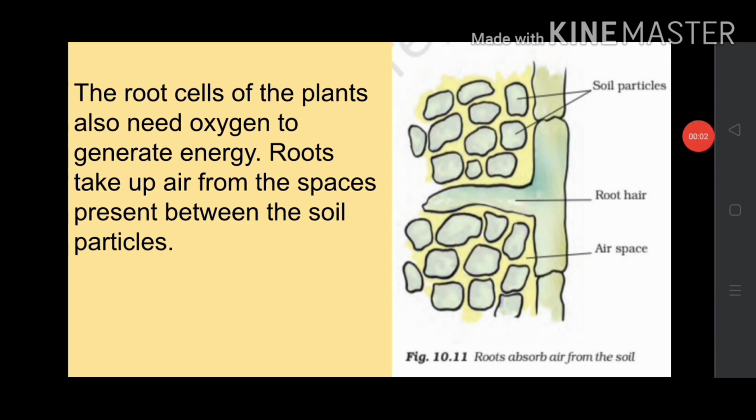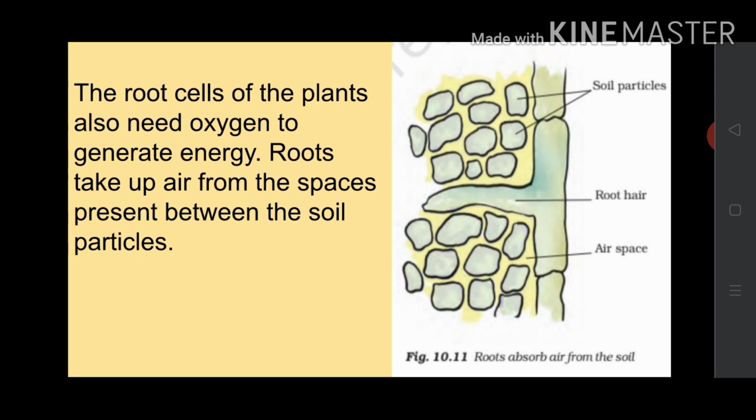Do you know what would happen if a potted plant is overwatered? If you supply more water, this water occupies the space between the soil particles. In that case, the air escapes out.